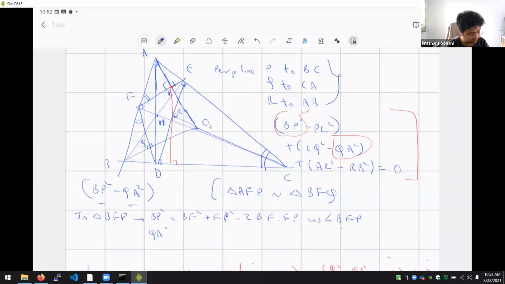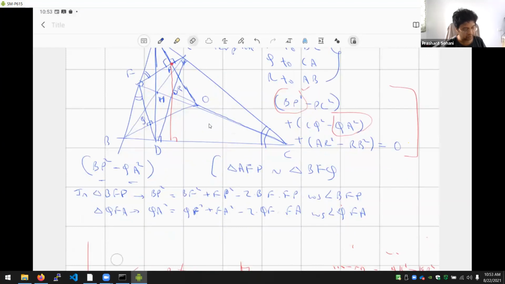And QA square equal to, so in triangle QFA, QF square plus FA square minus twice QF into FA into cos of angle AFQ. Okay, and I have to subtract these two.